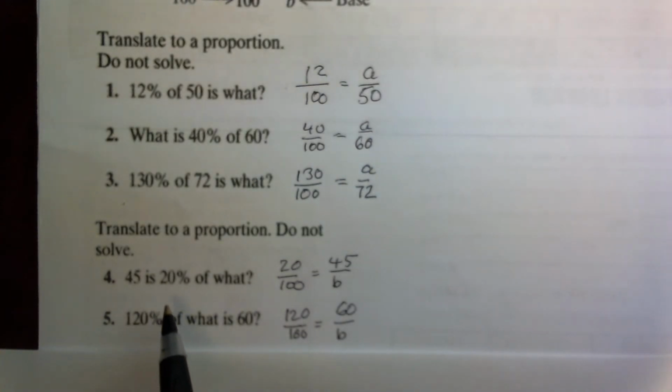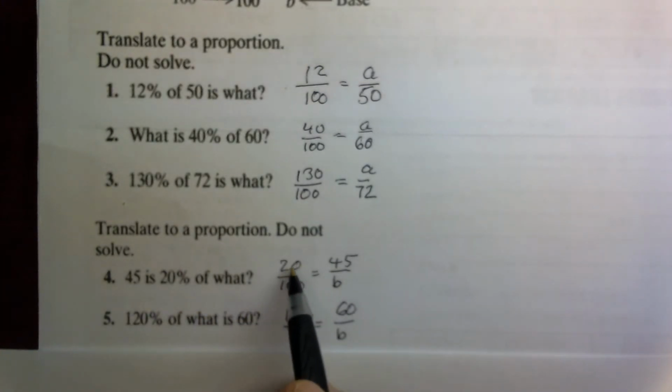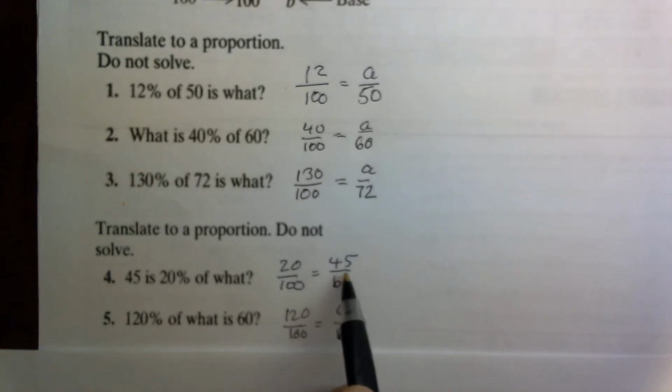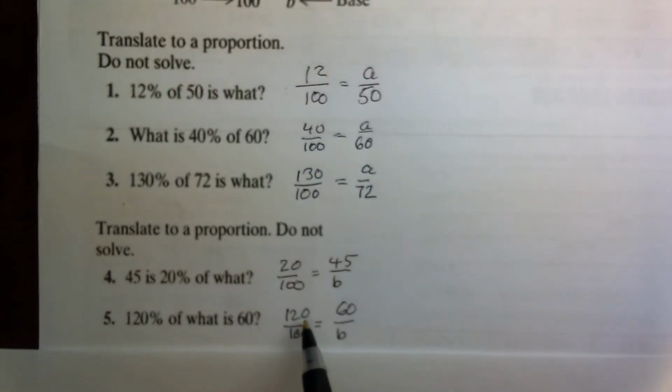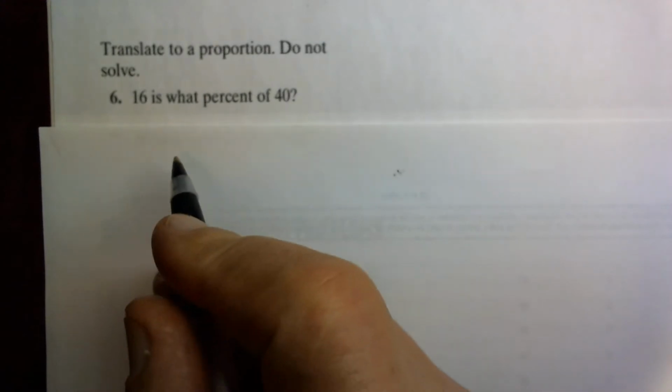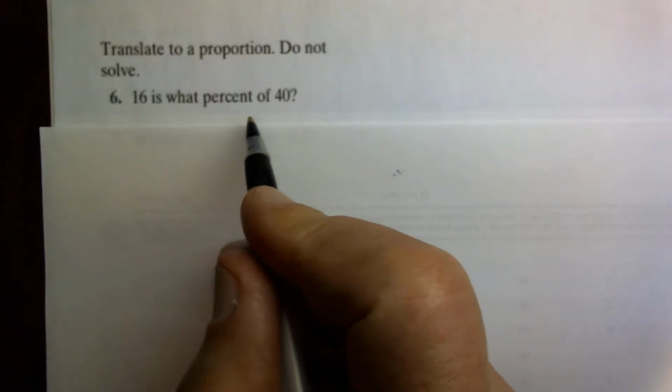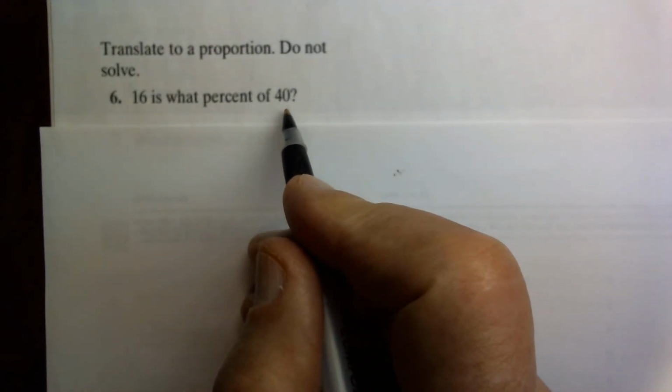So 45 is 20% of what? 20 divided by 100 equals 45 divided by B. And then 120% of what is 60? 120 divided by 100 equals 60 divided by B. In number 6, we ask 16 is what percent of 40?